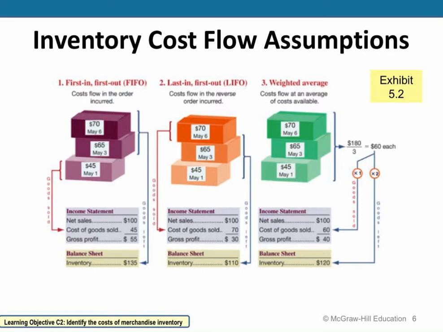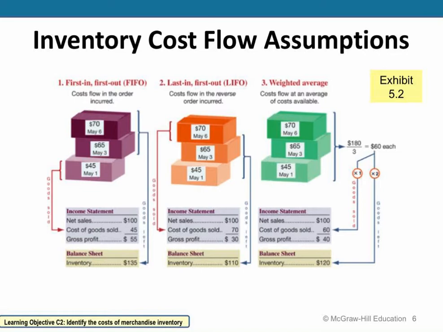If we use first in, first out, we would use the first item purchased as being the first item that gets treated as sold. So here, if we had a net sale, for example, of $100, the cost of goods sold would be $45, and we'd have gross profit of $55. Ending inventory would be the balance, that 65 plus 70, or 135.